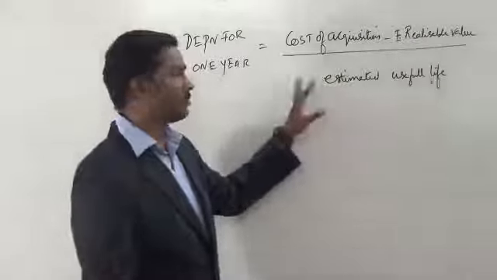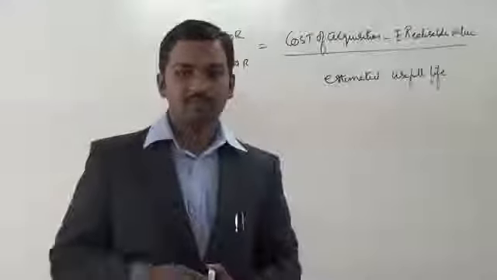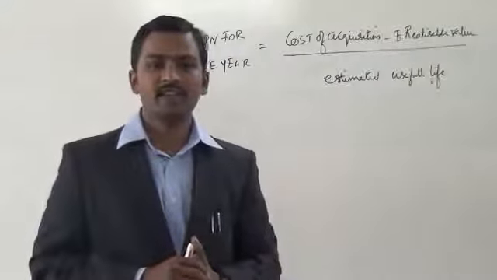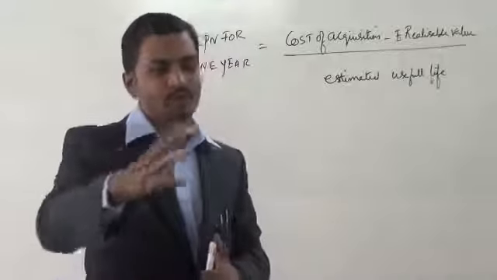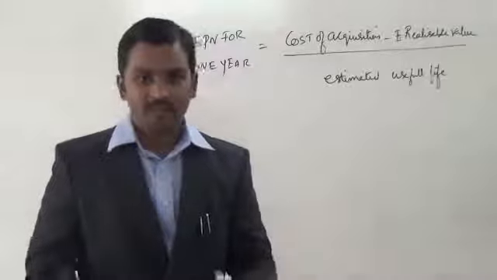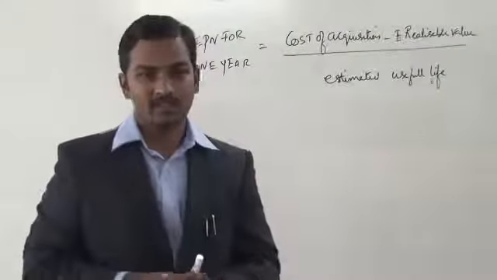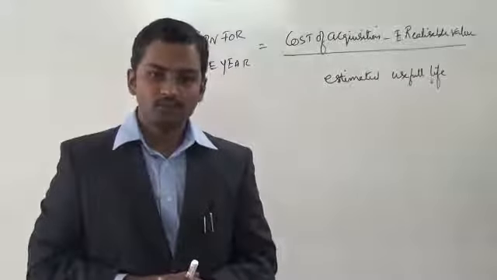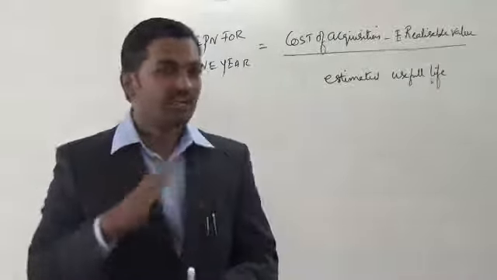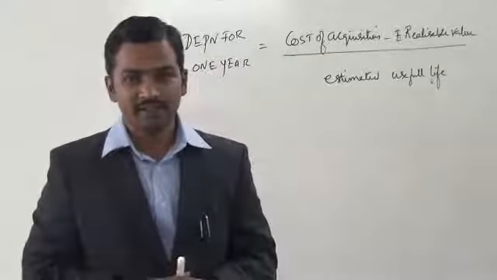See, I'll give a simple example to understand this point. Let us say we have acquired a building by spending 22 lakhs rupees today, and we know that it is going to give me a life of 20 years. For the sake of calculation, I am making the life less.